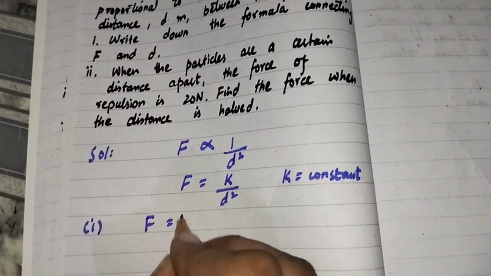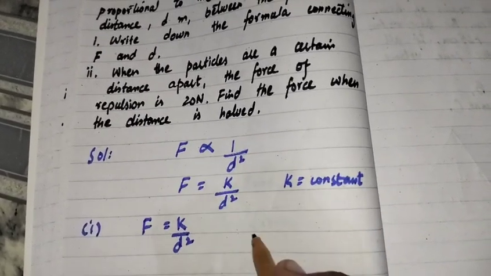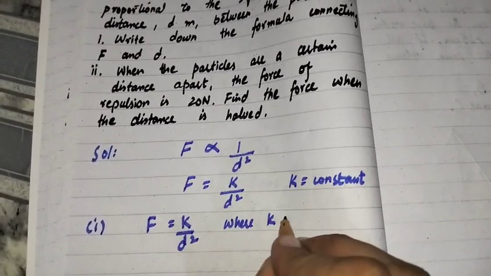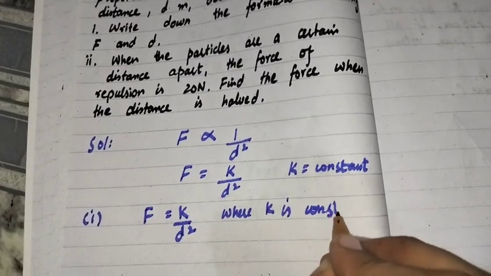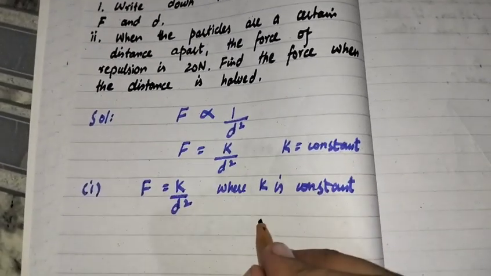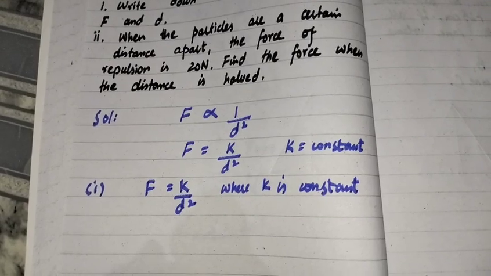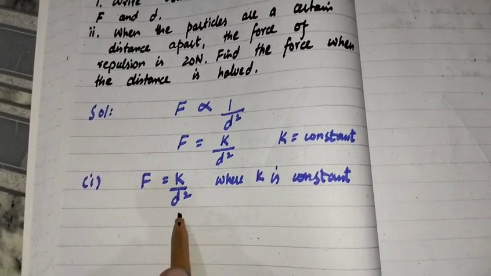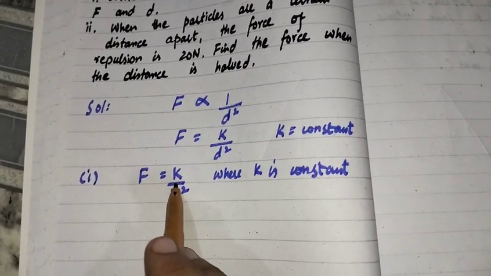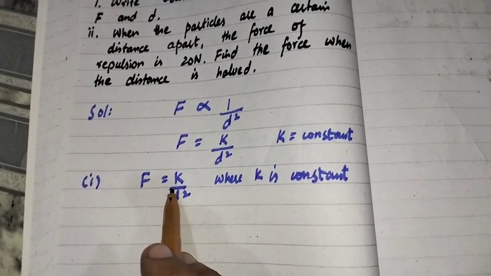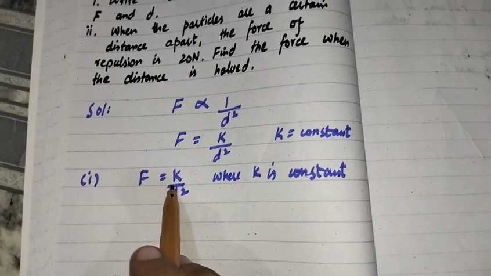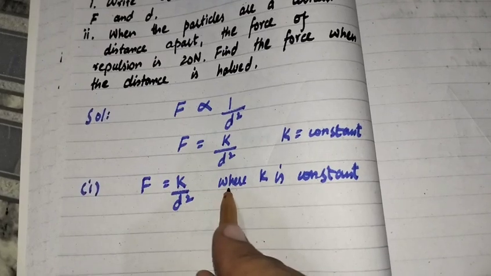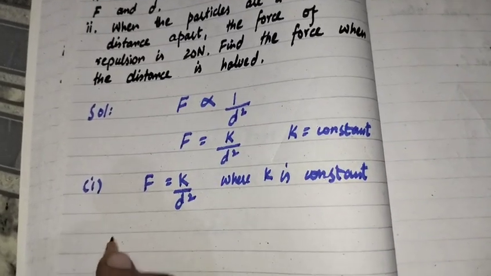So F is equal to k upon d square, where k is the constant. This is the formula which will connect F and d. In the last questions, we first found the value of k and wrote the equation in the form of a value, not in the form of k. In this question there is no information given to find the value of k, so we will write the equation in the form of k, and we have mentioned that here k is the constant.